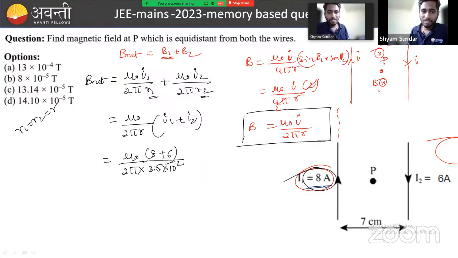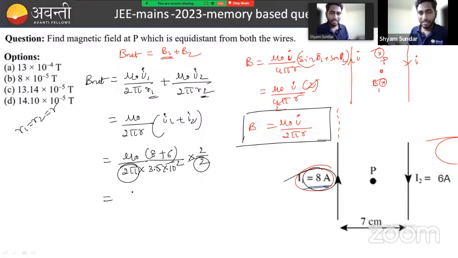Correct now? And you know one thing, mu naught by 4 pi is 10 to the power of minus 7. So I will write here multiplied by 2 and divided by 2. Hence it will become 4 pi by using the multiplication of 2.